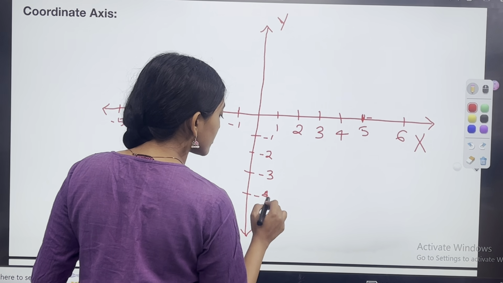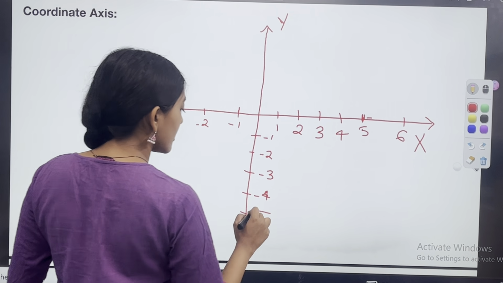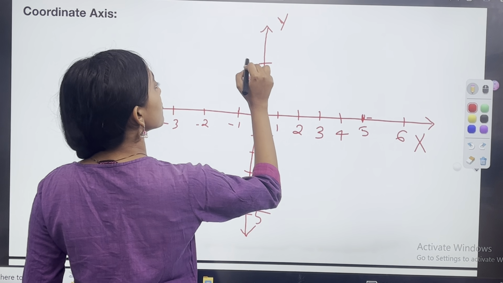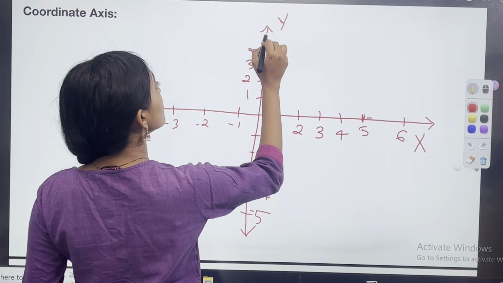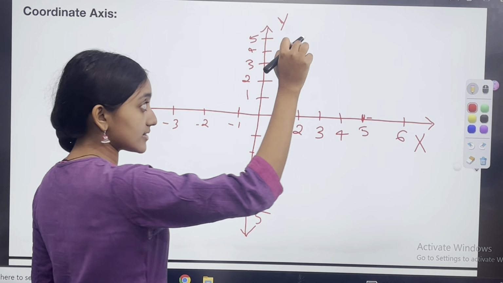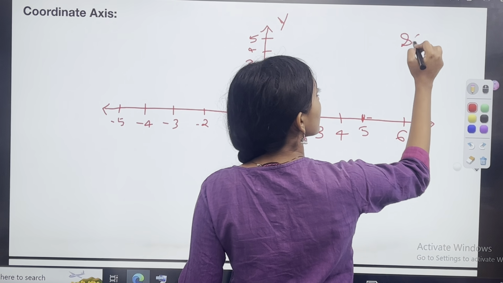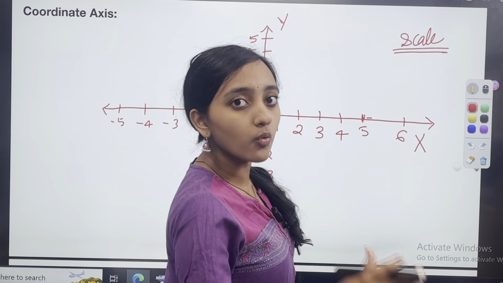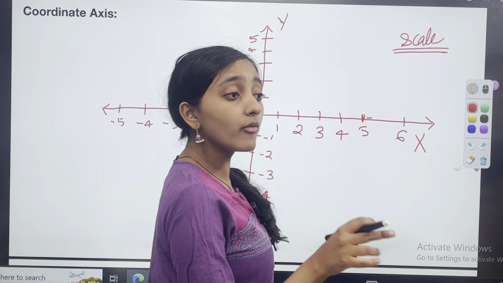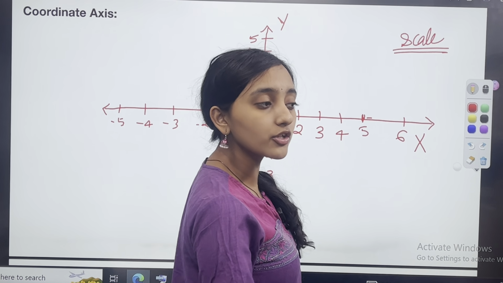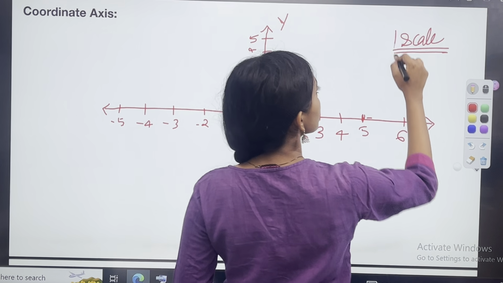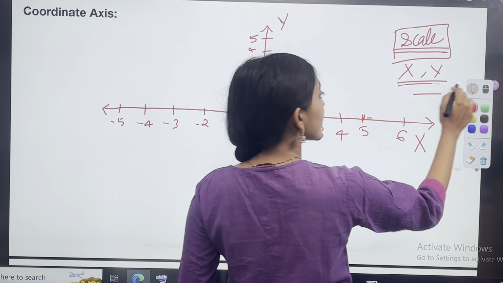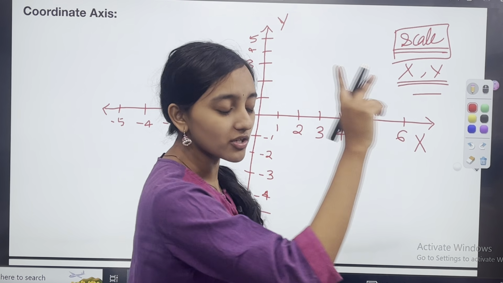You will practice it in your notebook, and then you will be able to do it in the exam. One thing you must keep in mind in the exam is that there should be a scale. That is, one box is equal to 1 unit according to you, or one box is equal to 2 units. That should always be mentioned both for x as well as for y. Please remember to mention that.